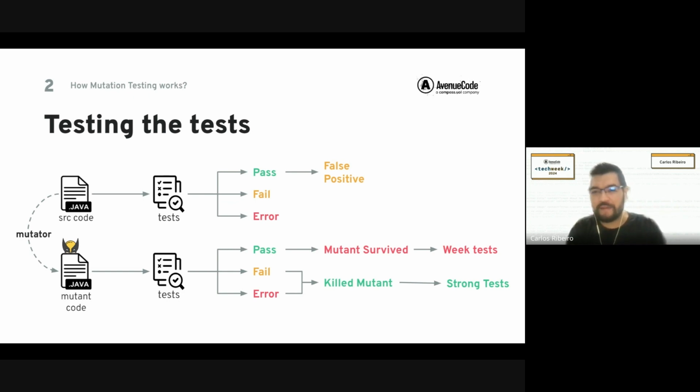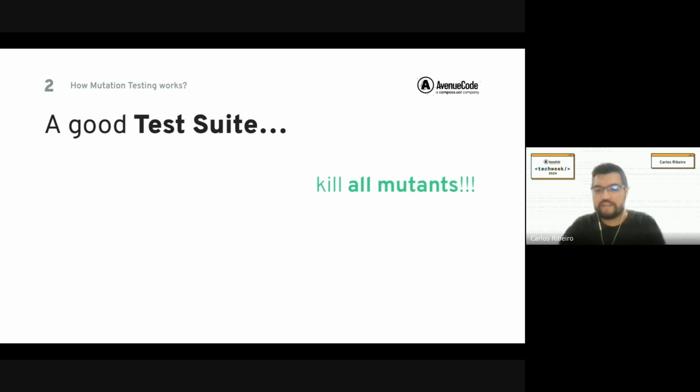You pressed the backspace and didn't notice, and no one noticed this change in the middle of a lot of other lines during the code review. And this is the point: if your tests are not strong enough to detect this, you need to review the tests and check how to improve them. So a good test kills all the mutants, basically.